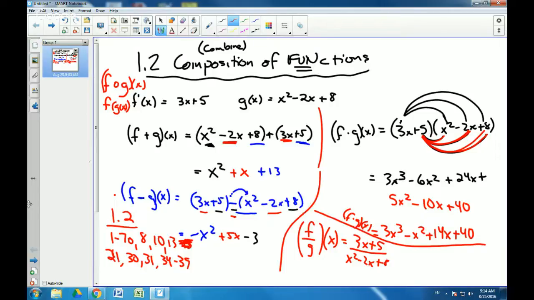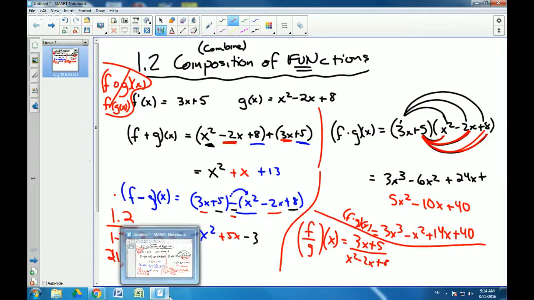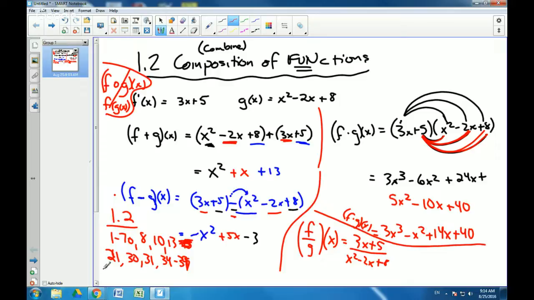Those I'm not gonna ask you to have done. Okay, but add, subtract, multiply, divide. Don't confuse the circle for multiplication. That's a hollow, that's a solid. What's the last one, 34? 39. 21.